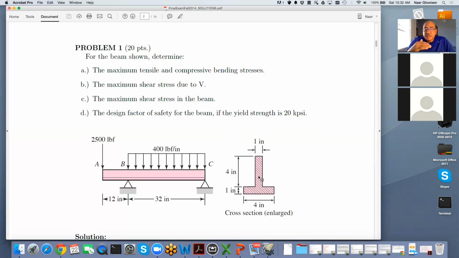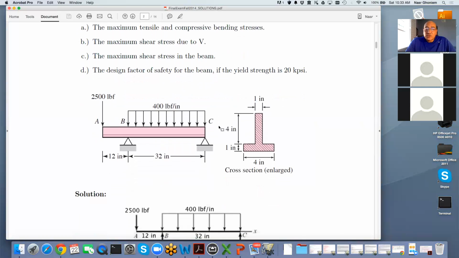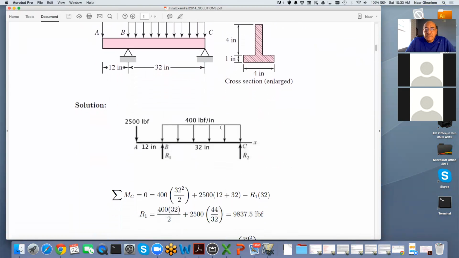The shear stress is 0 at the top, 0 at the bottom, but it builds up, and it might actually give you something to worry about at that interface. So the idea here is the bending type stresses are easy, but the shear stress has to be evaluated, and then when you combine them to do a design factor of safety, you use a von Mises type combination, or some other, depending on the theory.